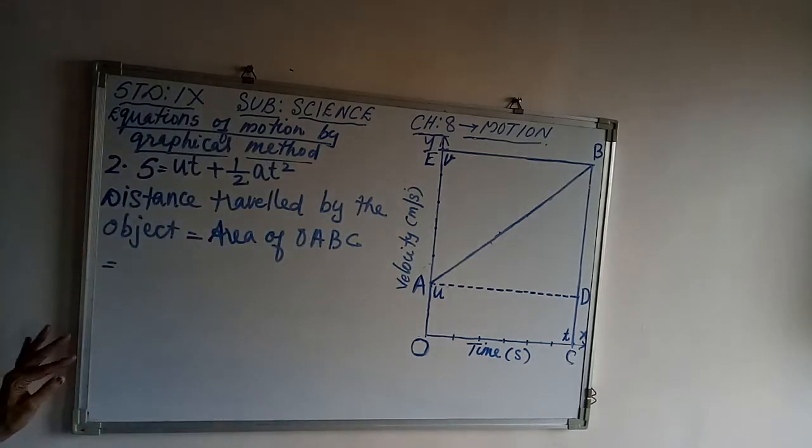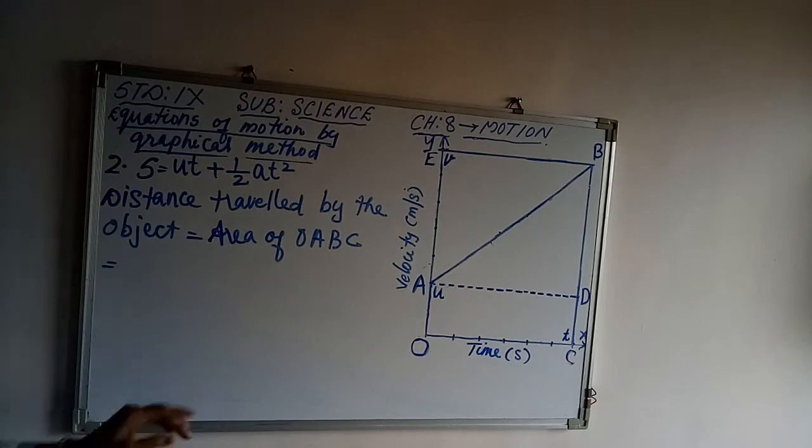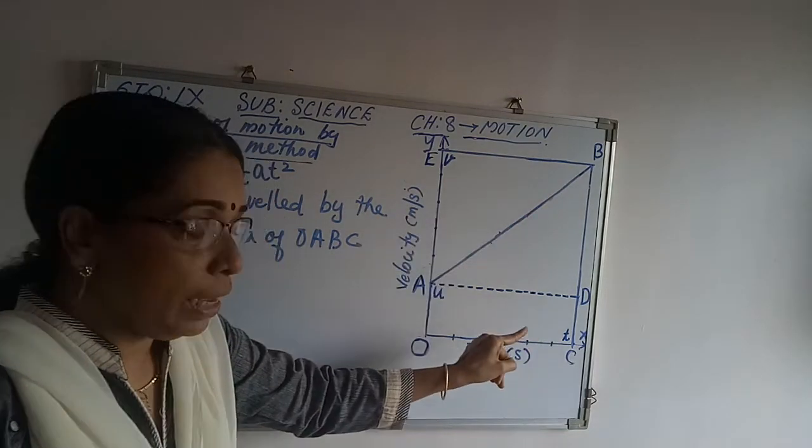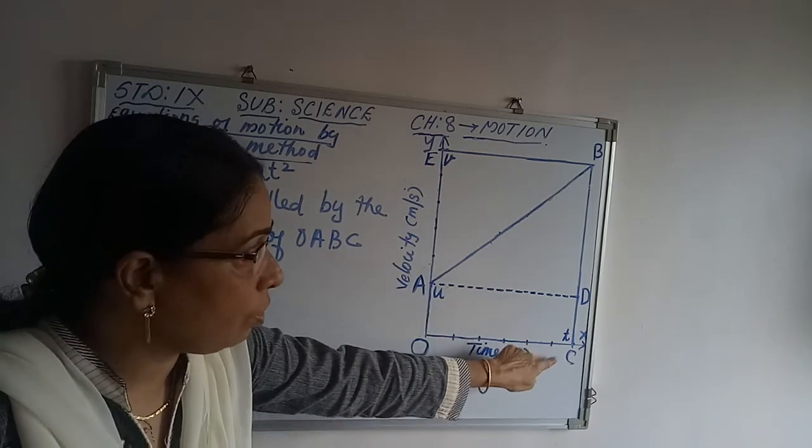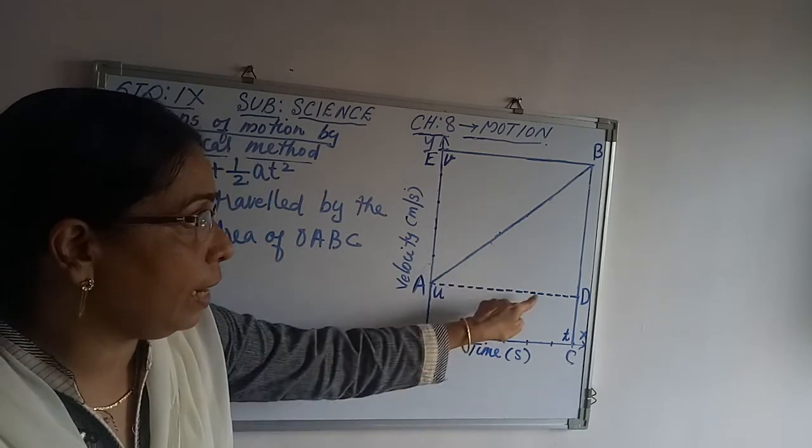See that. What is the area of OABC? OABC includes one rectangle, that is OADC, and one right angled triangle ADB.